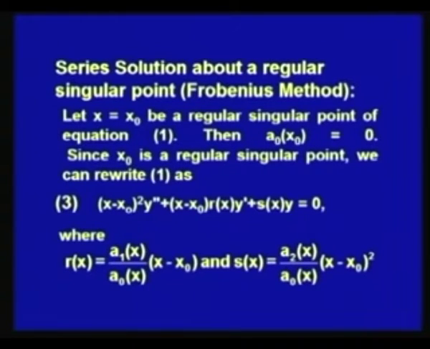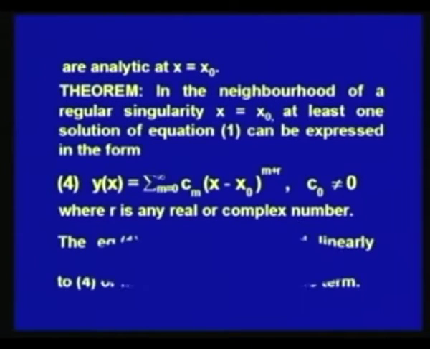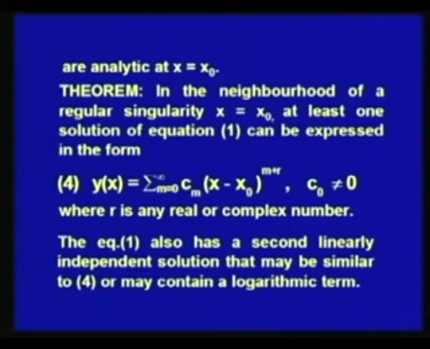Since x naught is a regular singular point, we can write the differential equation 1 as (x minus x naught) whole square into y double dash plus (x minus x naught) into R(x) into y dash plus S(x) into y equal to 0, where R(x) is a1(x) over a naught(x) into (x minus x naught) and S(x) is equal to a2(x) over a naught(x) into (x minus x naught) whole square, and they are analytic at x equal to x naught, because x equal to x naught is a regular singular point. Now the Frobenius method actually follows from this theorem.